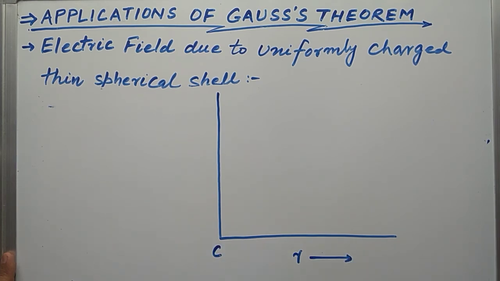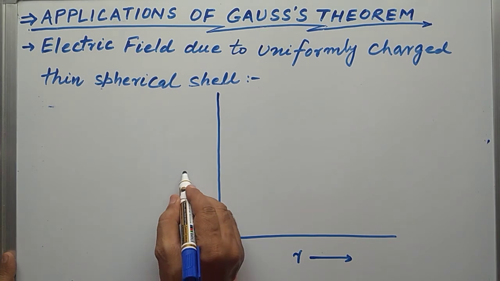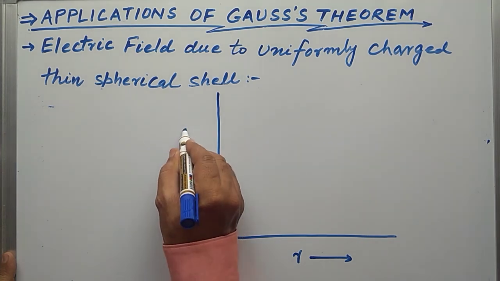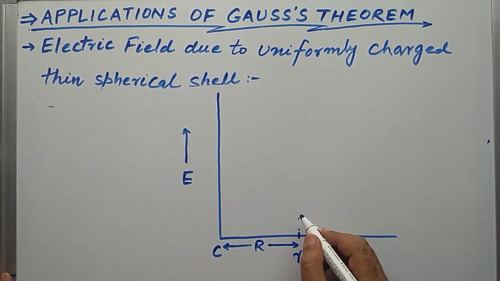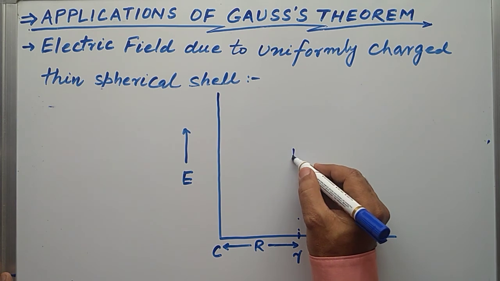C is the center of the shell. Up to R, there is no electric field. From the center up to the surface, there is no electric field. Inside the shell, the electric field is 0. But at the surface, when r equals R, the electric field is maximum.